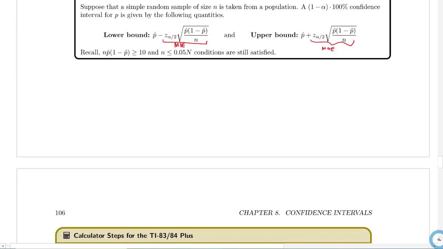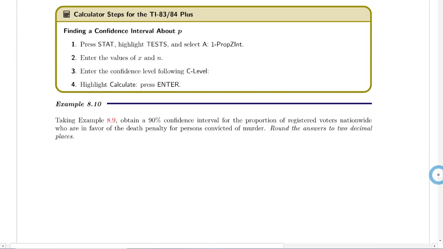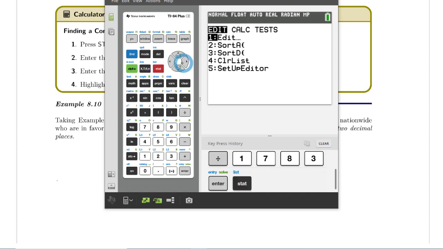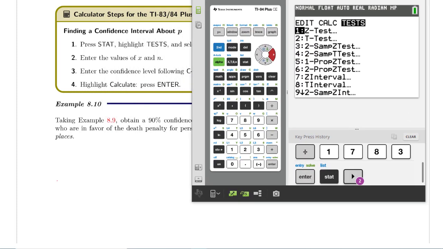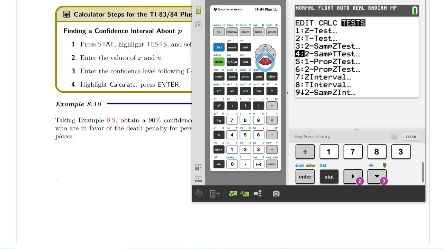And so that's why right after this, on the next page, you'll see that I have calculator steps. So if you go to STAT in your calculator and press the right arrow to TESTS, you're going to see the 1-PropZInt, which is A. And so notice we have to scroll down a little bit right here.